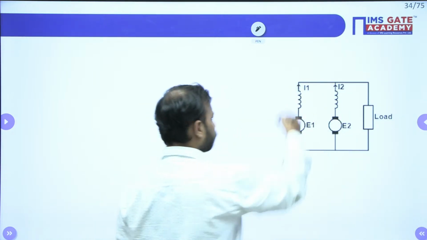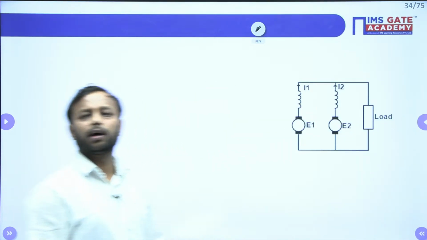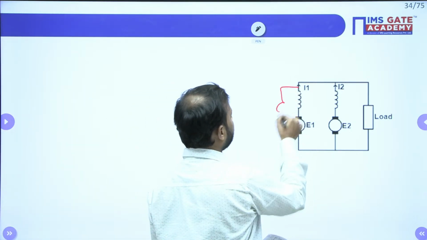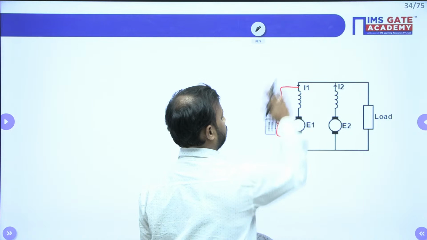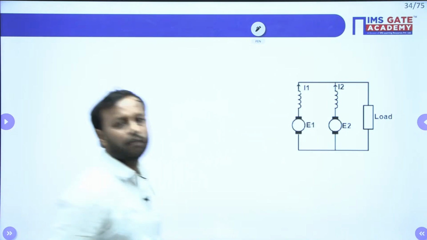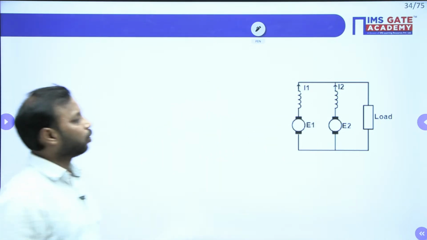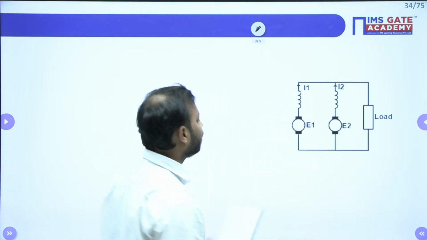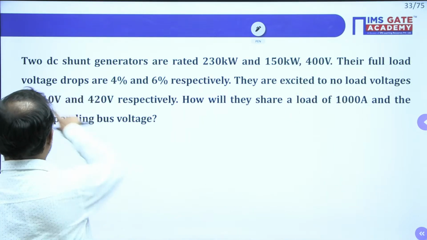All right. So this is basically two DC generators. Here I have ignored the field resistance, since no information is given about the field resistance, so we can ignore that part. And this E1 is given in the question as 410.